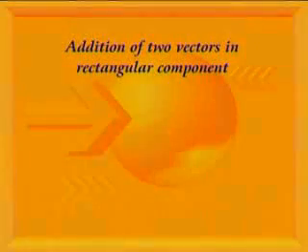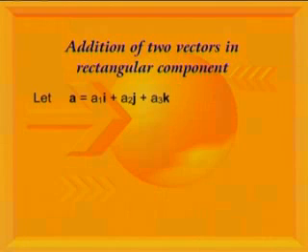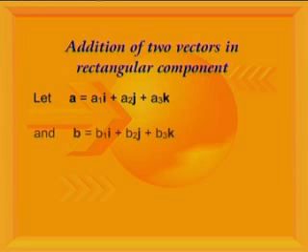So first of all, addition and subtraction. Let us see. A is a vector which has components A1 along the x-axis, A2 along the y-axis, and A3 along the z-axis. So the vector A is equal to A1i plus A2j plus A3k, and the vector B is equal to B1i plus B2j plus B3k.